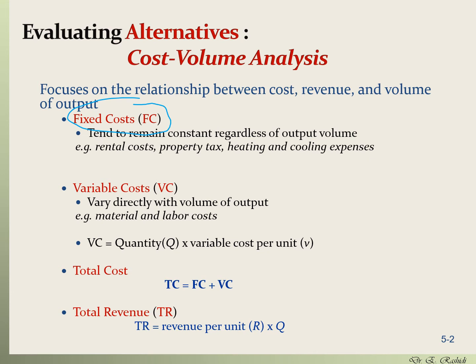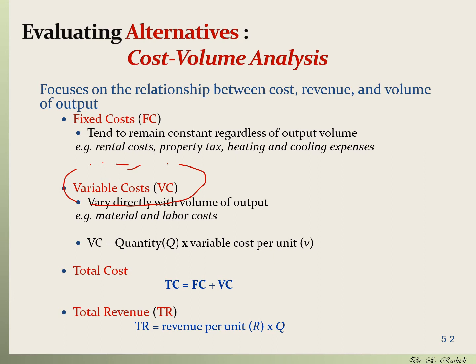We call this variable cost because it varies. Here VC is the variable cost. An example of that is the material and labor costs associated with production. The more you want to produce a product, the more material you need, right? And also the more labor cost is going to be required.